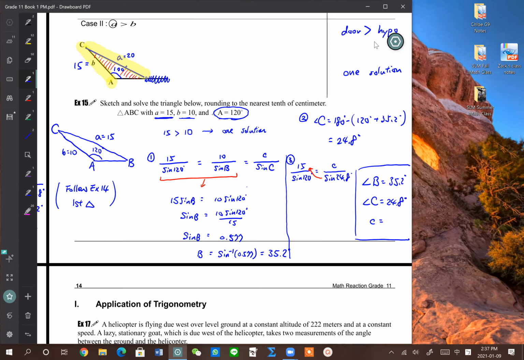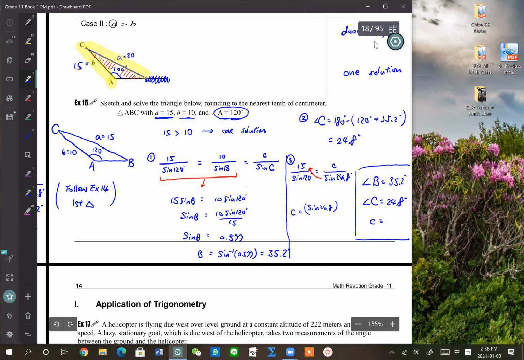Side C, I cross multiplied, so sine 24.8 times 15, the 15 is first. And then you divide both sides by sine 120. What do you have then?